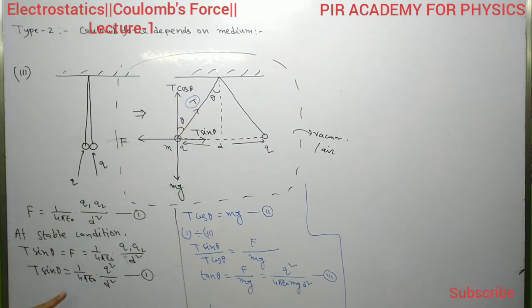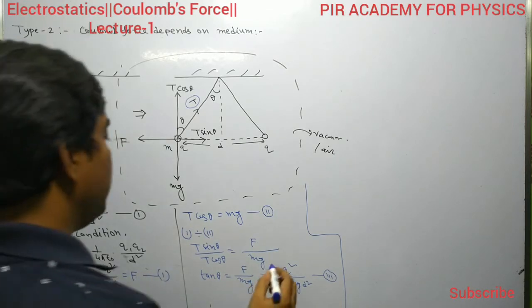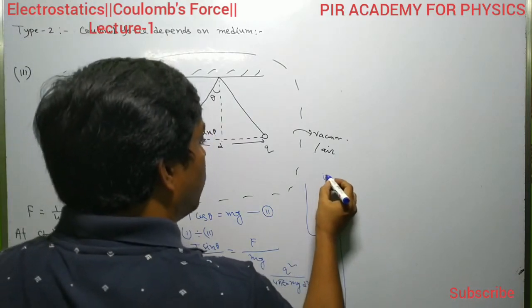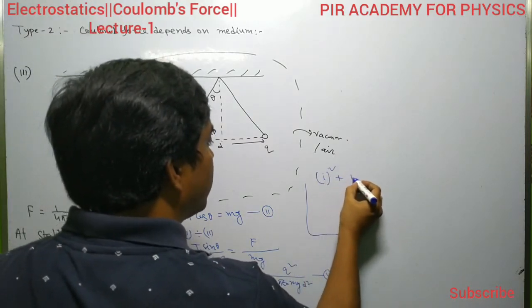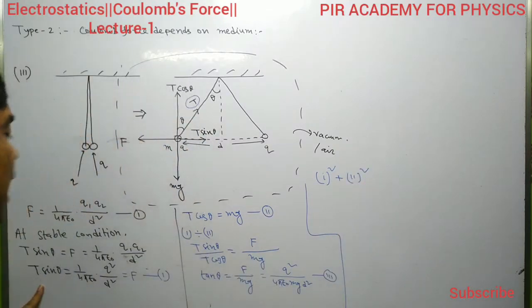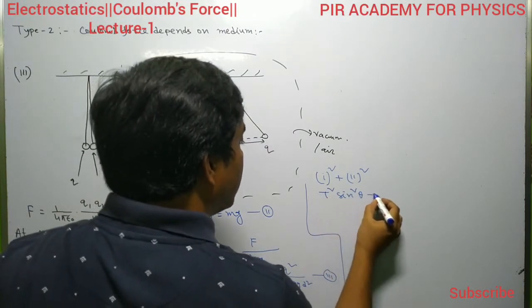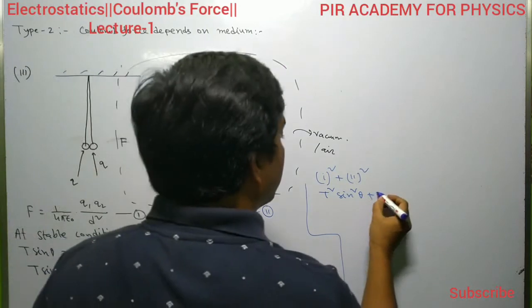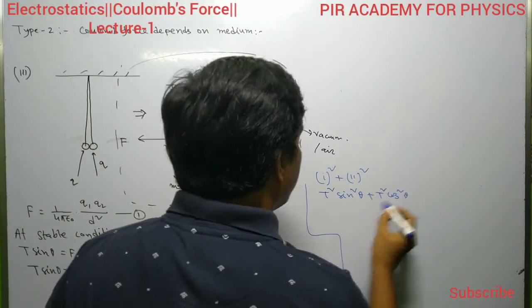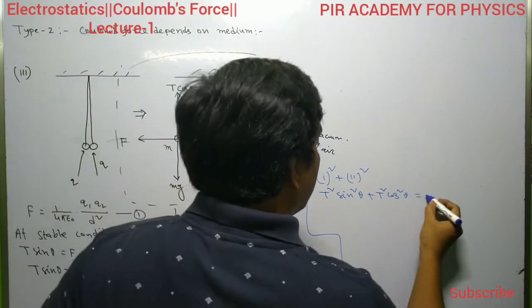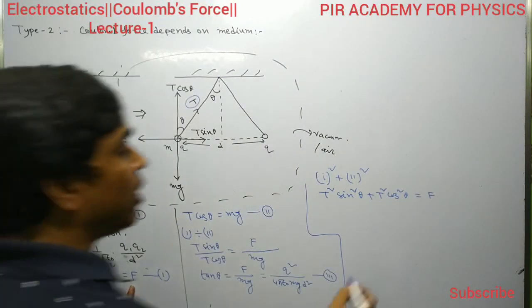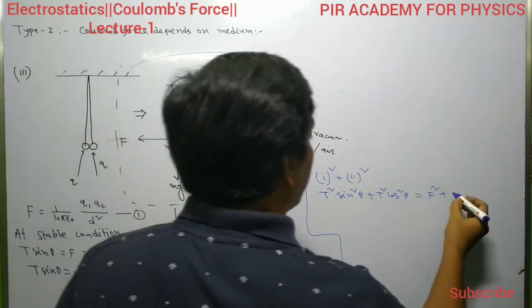So to calculate the tension of the wire, this is a formula, it can be written as F, that means number 1. Then if I take number 1 square plus number 2 square and add them, it will be T square sin square theta and T square cos square theta on the right side. On the left side it will be F square plus mg square.